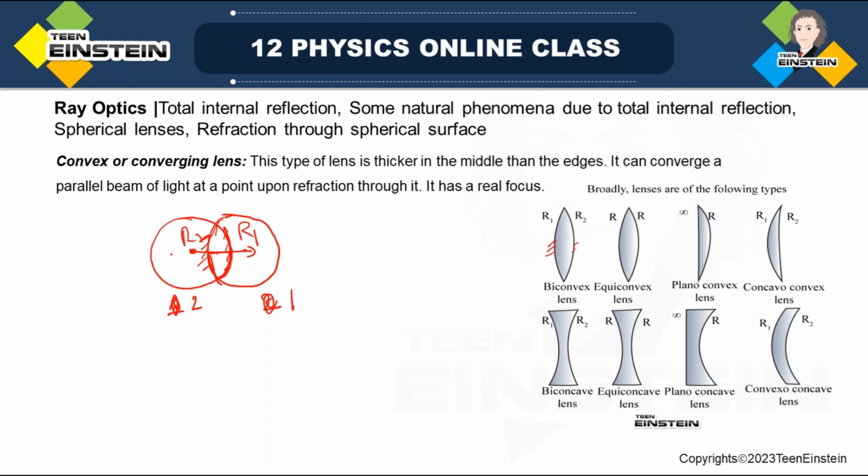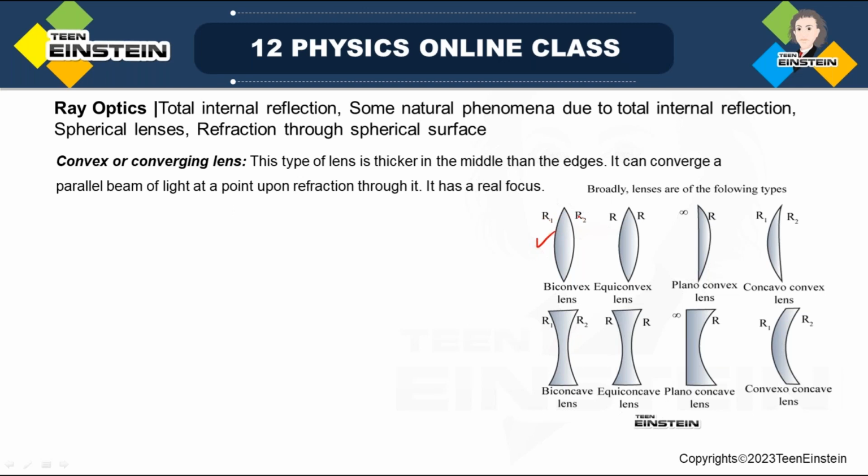So in the case of a convex lens or converging lens, refracting surfaces may not have the same radius of curvature, but if there are two such convex spherical surfaces, then they are called a biconvex lens. Both the surfaces are convex, so this is called a biconvex lens.